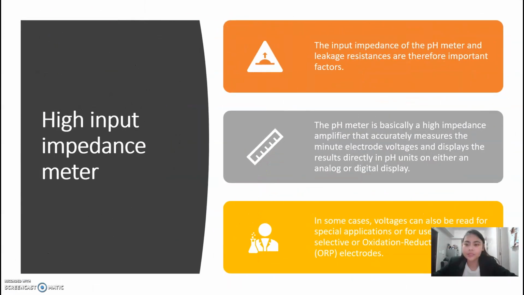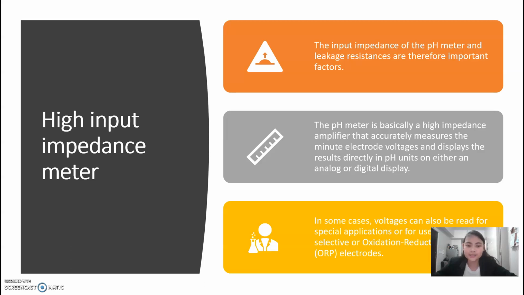High input impedance meter. The input impedance of the pH meter and leakage resistance are therefore important factors. The pH meter is basically a high impedance amplifier that accurately measures the minute electrode voltages and displays the result directly in pH units on either an analog or digital display.